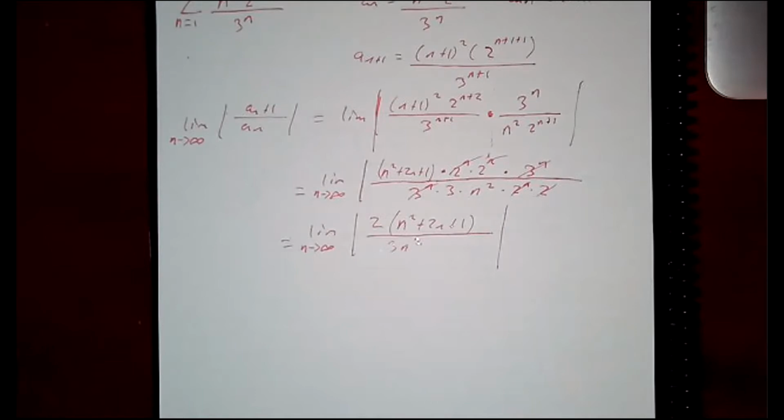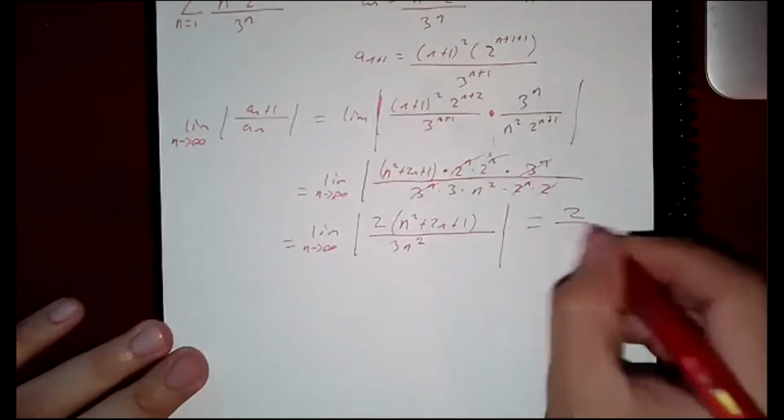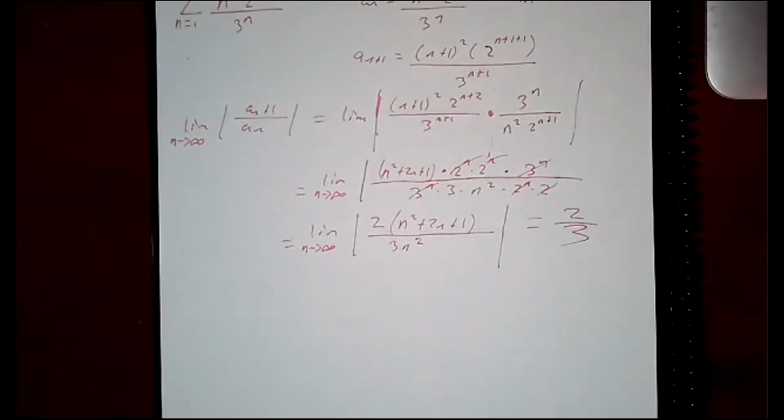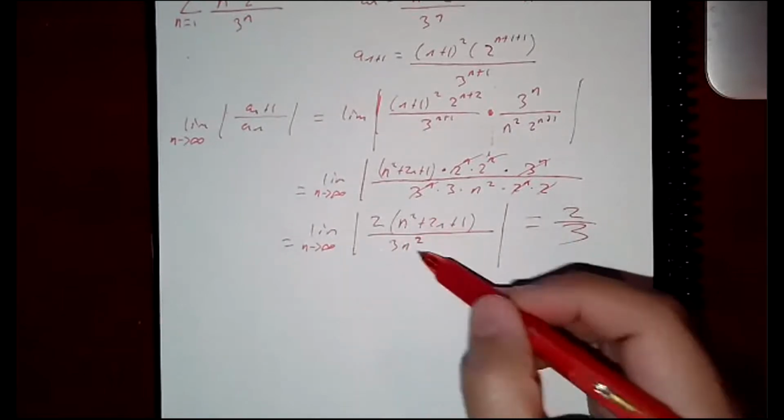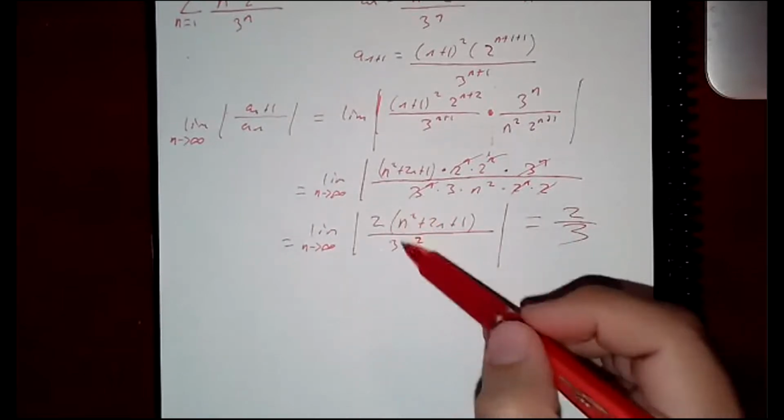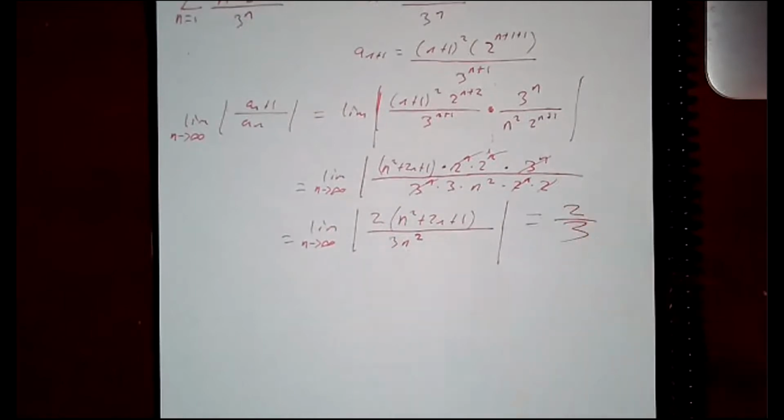What is this limit? So 2 over 3 at infinity. 2/3, because the degree of the top is the same as the degree of the bottom, so you take the coefficients. Oh, okay, got you.